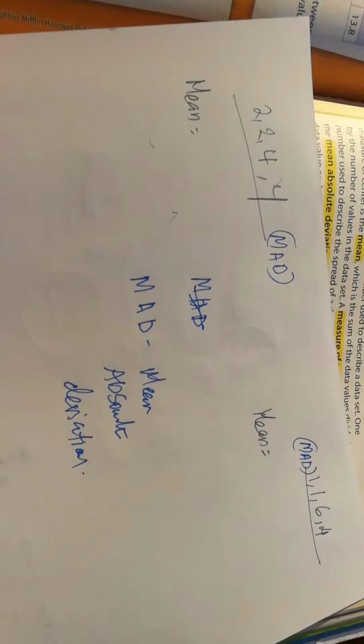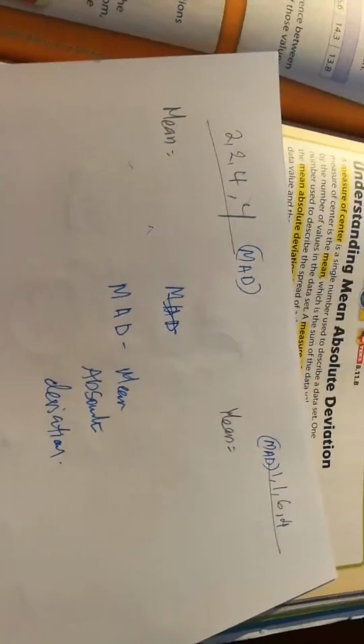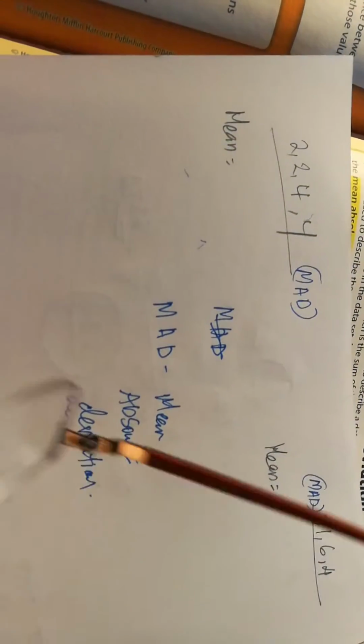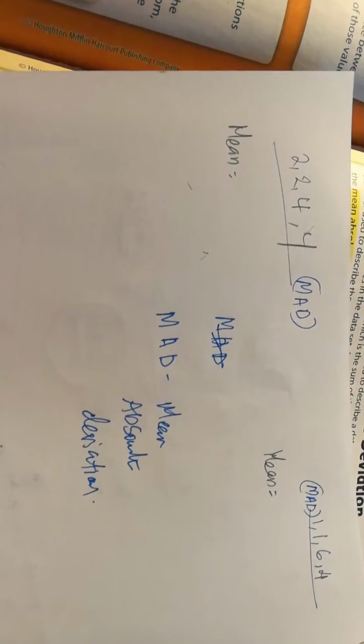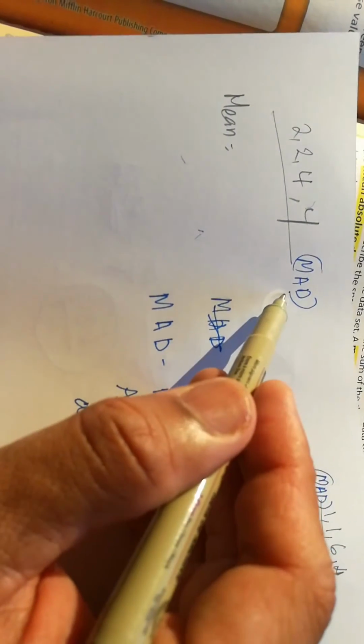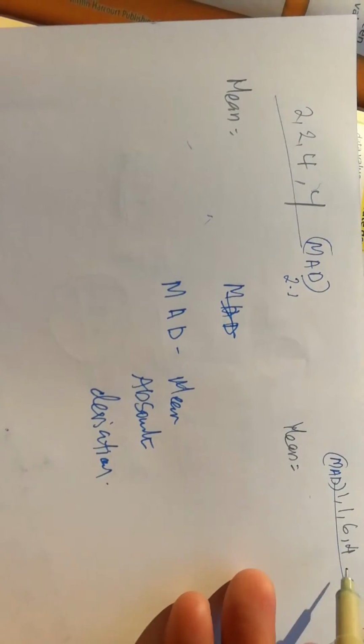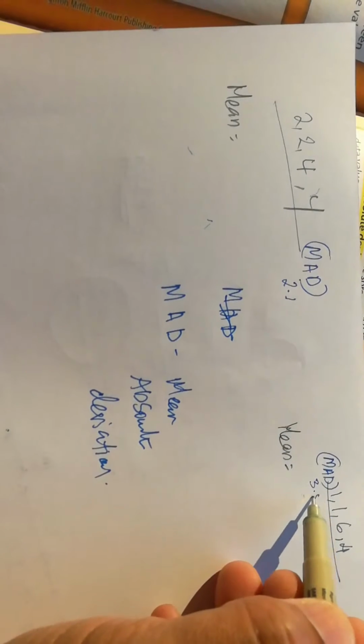Now, what does mean absolute deviation tell us? The mean absolute deviation is a number. And what does that number tell us? If you have two data sets like this, let's say, I'm just giving an example, the MAD value for this data set is 2.1. And let's say the MAD value for this data set is 3.8.